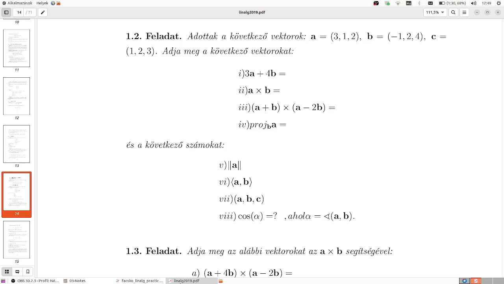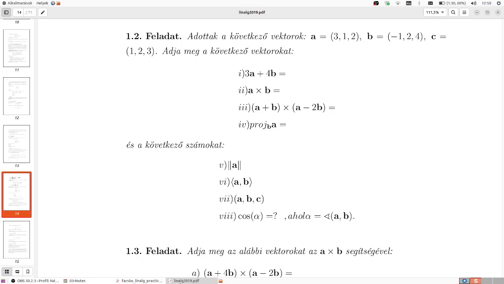Okay, it's okay? Yeah. So now we have to remember A cross B is this term, I mean this vector.